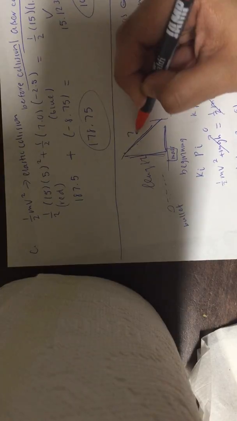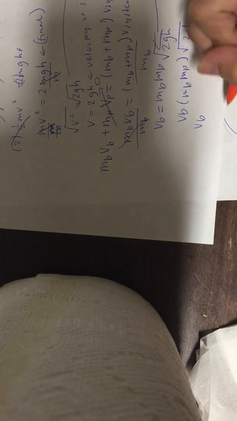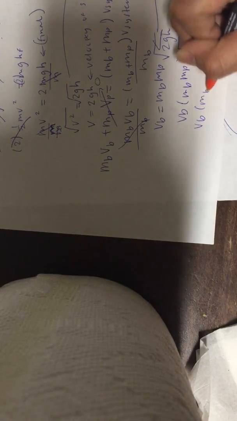So you don't know what this side is, the hypotenuse. So your equation will be vb equals mb plus mp over mb times square root of 2g times L minus L cosine theta. That's the bullet's velocity.